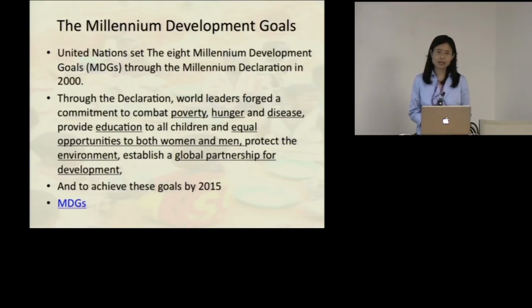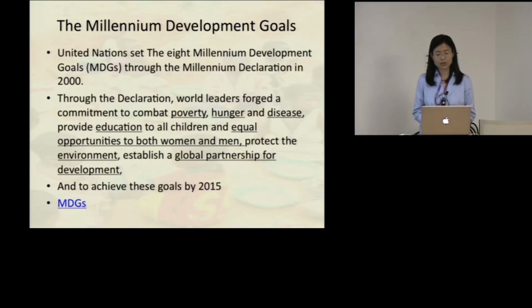The second set of data that shed some light on this issue is the Millennium Development Goals Report from 2013. What is Millennium Development Goals? This is a set of goals by United Nations in 2002 through the Millennium Declaration.